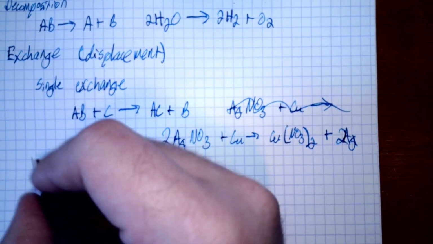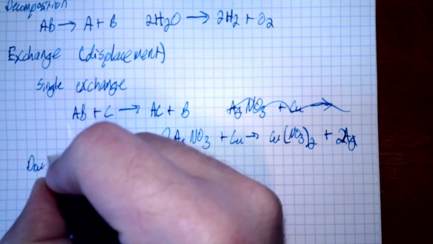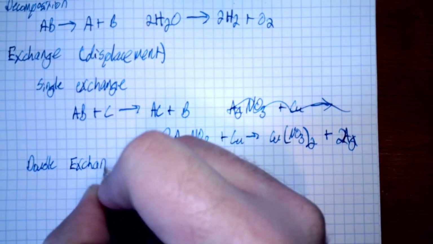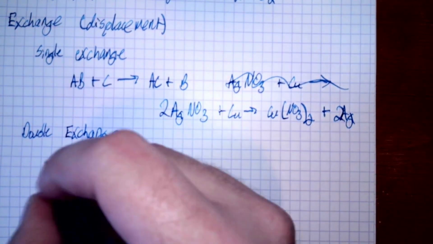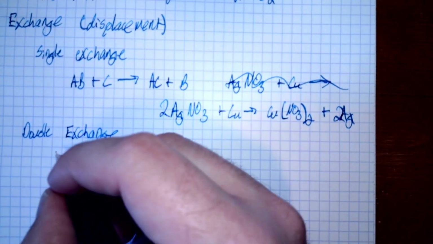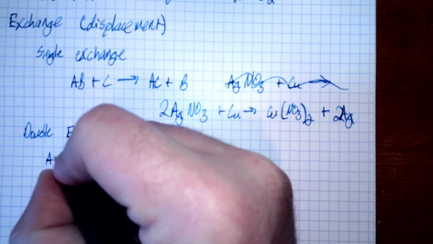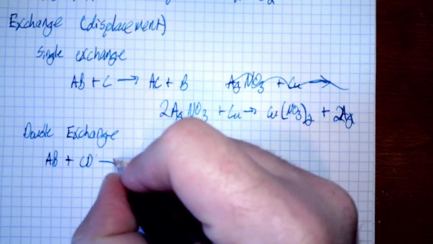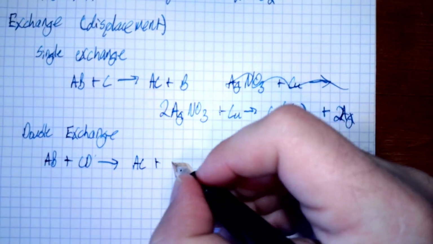Right? Now, by the same token, let's look at a double exchange reaction. These sometimes are called precipitation reactions. All right? So we have AB and we have CD. They react to form AC plus BD.